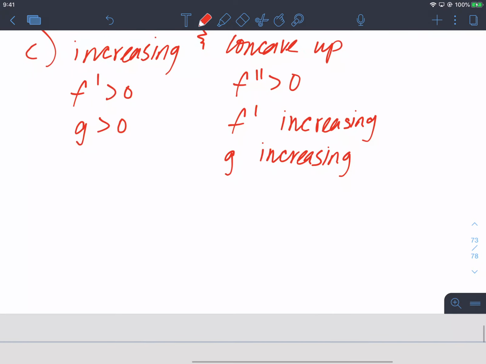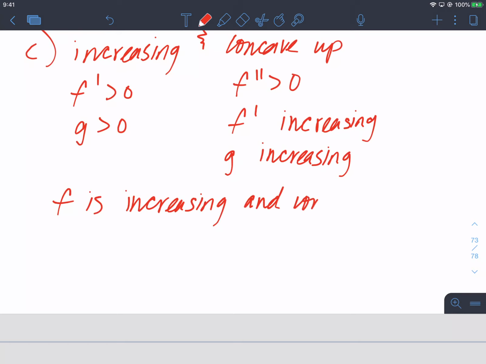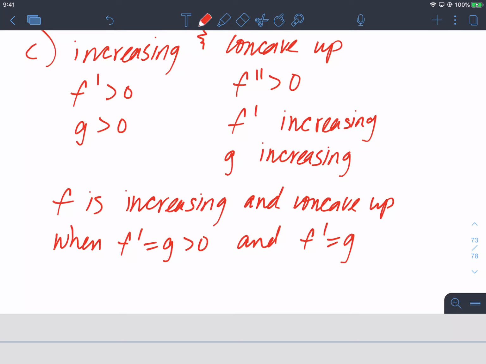So making the connection between f and g here, we want to tie this together. f is increasing and concave up when f prime, equaling g, is greater than 0 and when f prime, equaling g, is increasing.